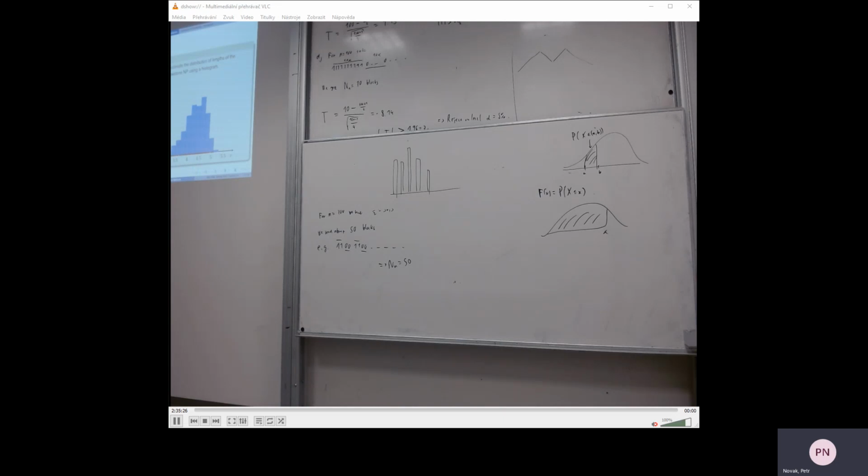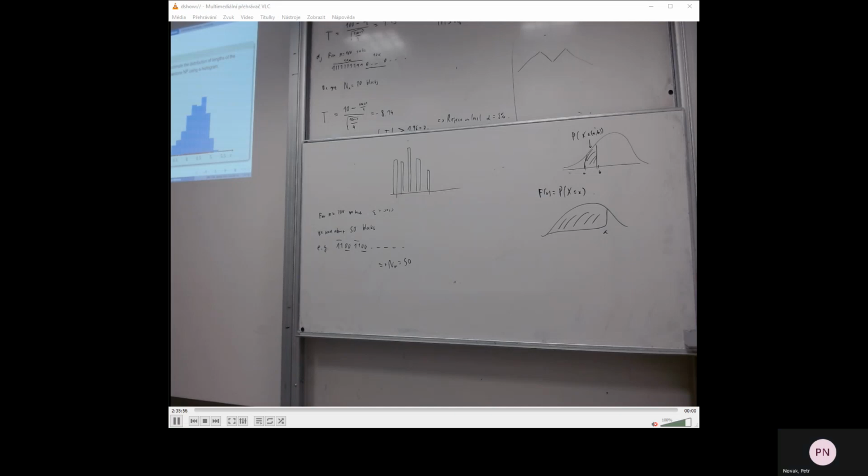With some probability, you get a value from this part, and with some probability, you get a value from this part. In this case, this might even seem akin to a normal distribution, and this, well, probably not, but it can be taken as a mixture of two such distributions, which we will get to.